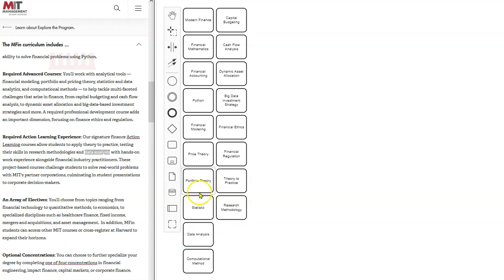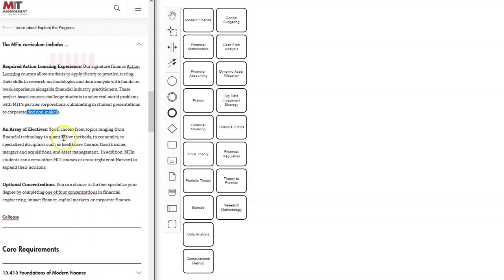There we go. All right, project-based courses, real-world problems, partner corporations, presentations, decision makers. Okay. All right, so we have a bunch of electives. Okay, so here we go. Financial technology. So that would mean the infrastructure used. Financial technology.